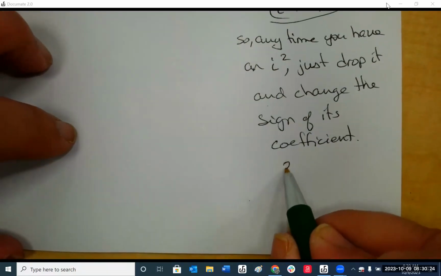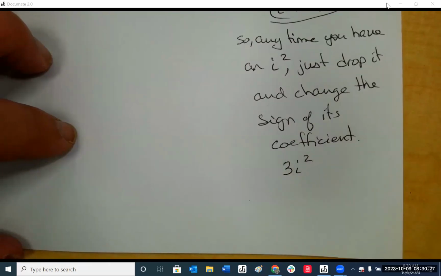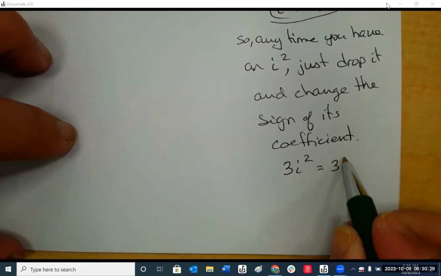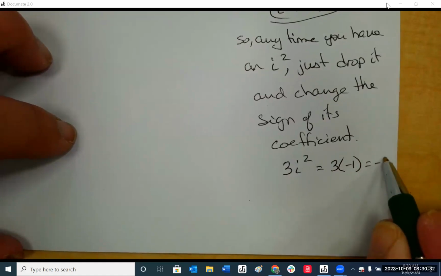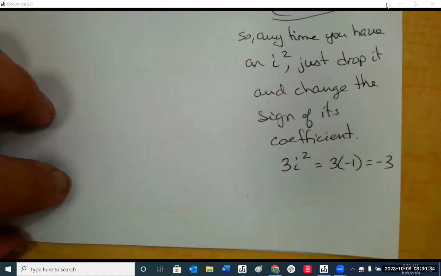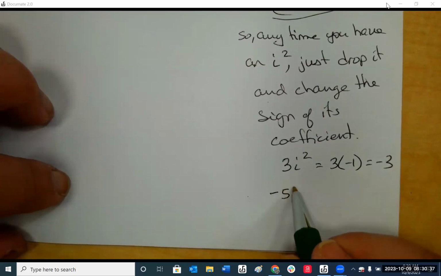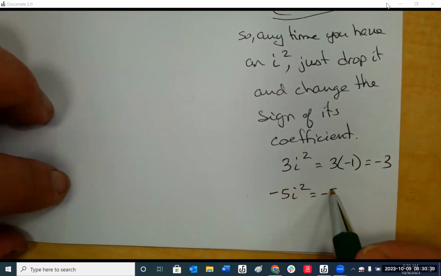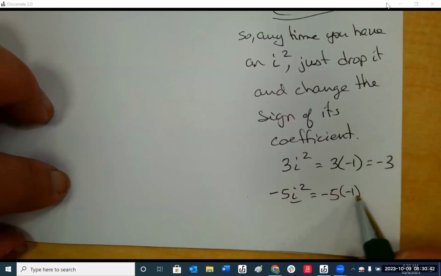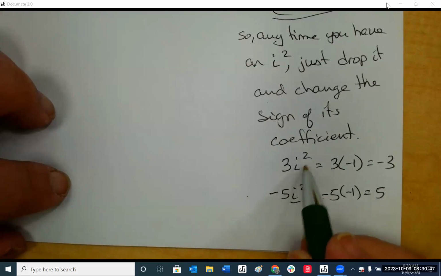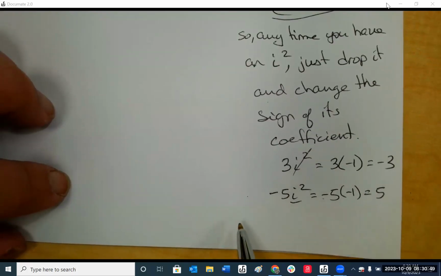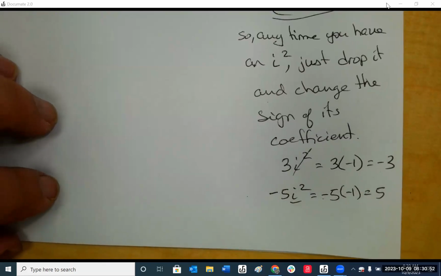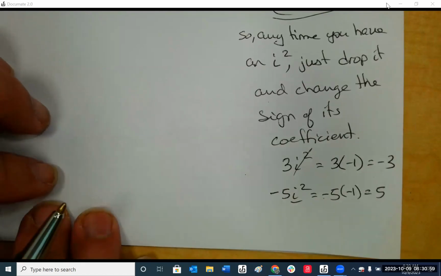What this says is 3i squared. Since i squared is negative 1, it becomes negative 3. If we had negative 5i squared, i squared is negative 1. So negative times negative is positive. So just drop the i if it's squared, and just change the sign of the coefficient. That'll save you in calculations.